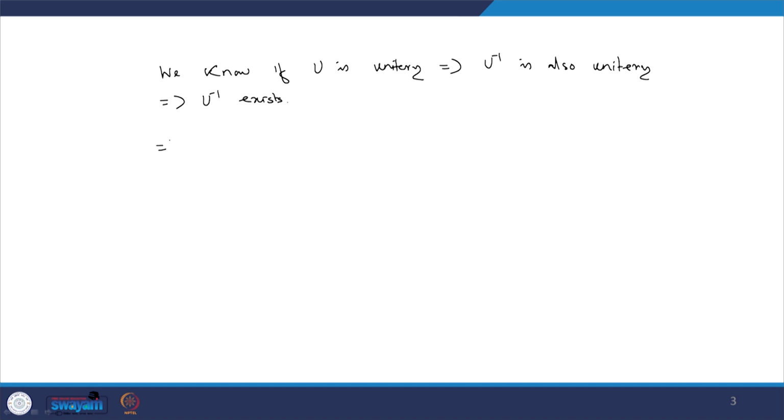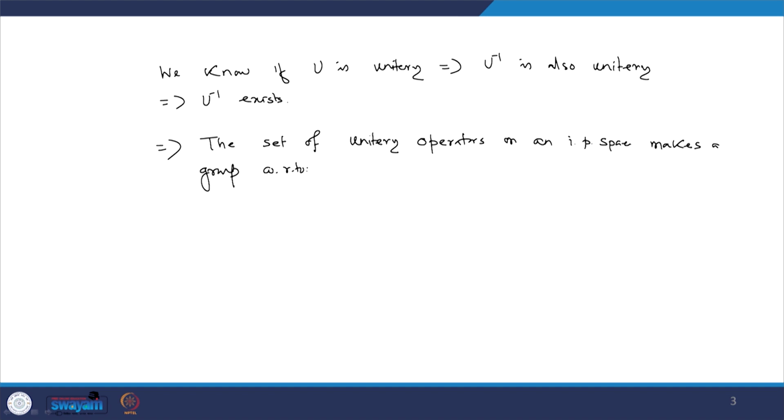So, this implies the set of unitary operators on an inner product space makes a group with respect to the binary operation of composition.